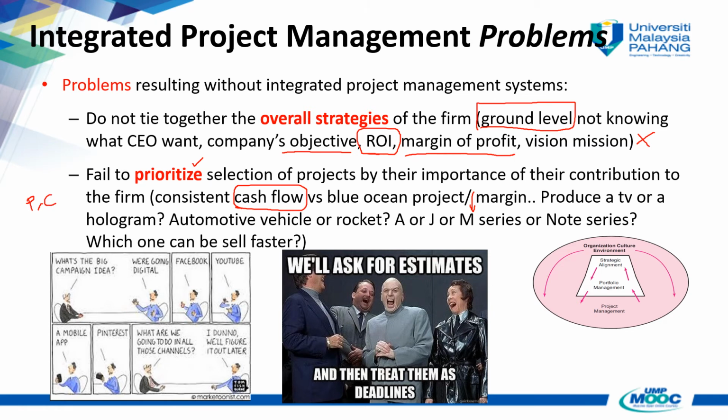For Toyota, the consistent cash flow will be the Camry, the Altis, and also the Vios. This is the consistent cash flow to the firm.